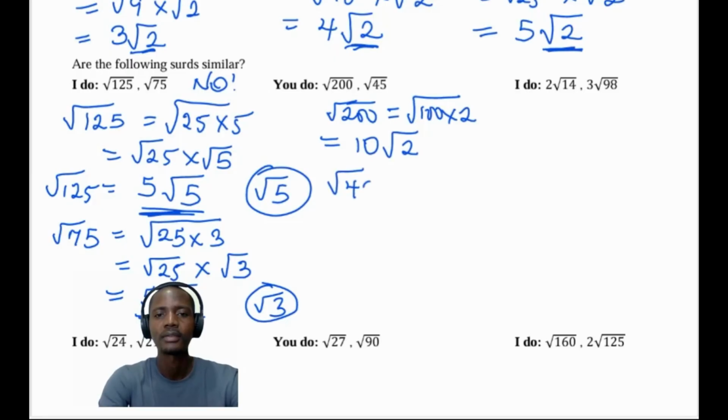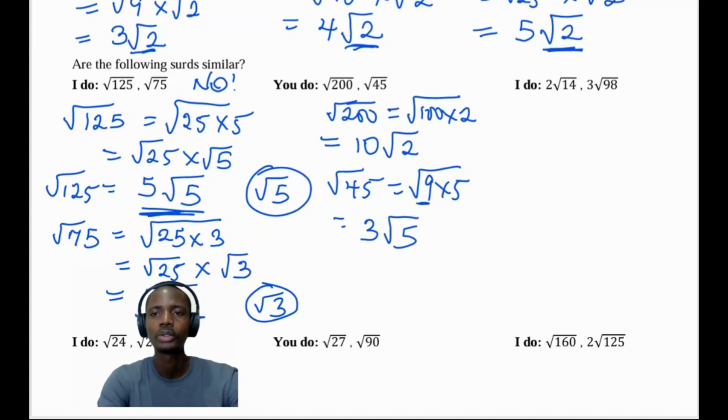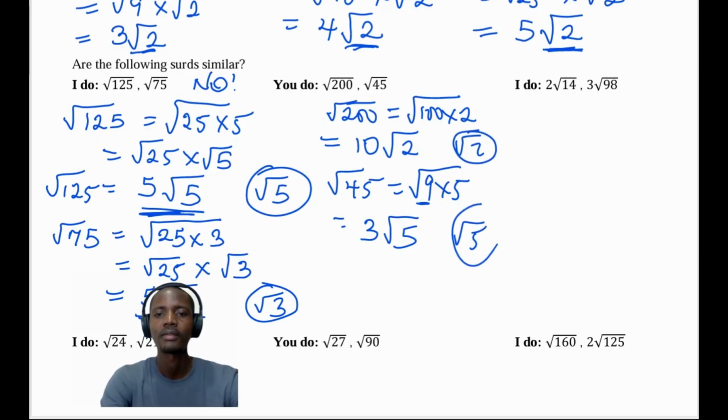Root 45 is equal to root 9 times 5. Square root of 9 is 3, so 3 root 5. Are they similar? No, they are not similar, because the radical part for this is root 2. The radical part for this is root 5. So they are not similar.